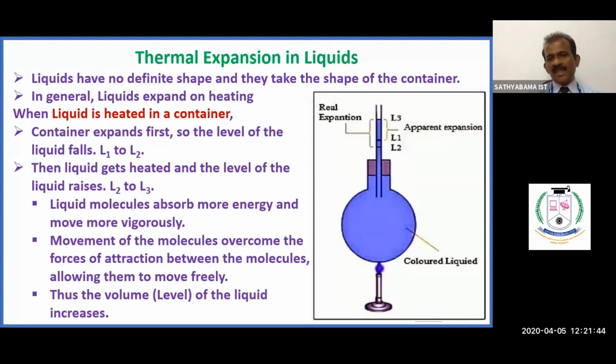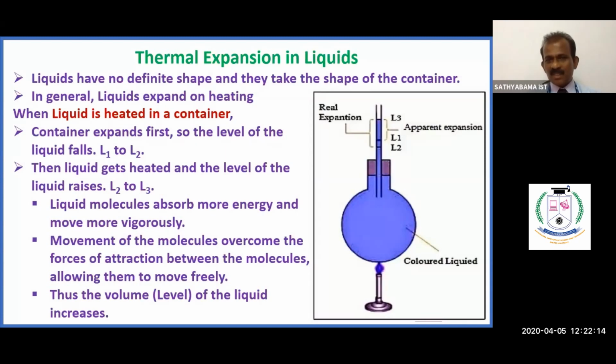Then apply the heat energy with the help of the burner. Here this heat energy won't transfer to the liquid directly. In between these two, we have one more medium, that is the conical flask. Conical flask is made of solid material. So first the heat energy is absorbed by the solid material, and only then by the liquid particles. So in this experiment, we have two types of expansions.